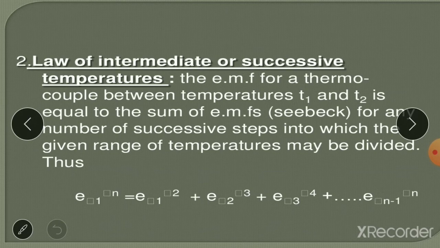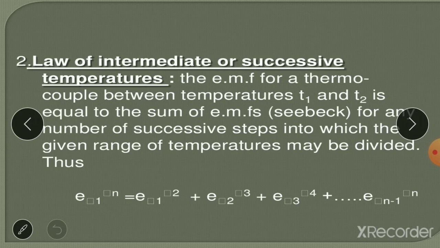So, what is the meaning of this statement? The EMF for a thermocouple between temperatures T1 and T2 means any two temperatures. The EMF between any two temperatures is equal to the algebraic sum of EMFs for a number of successive steps into which the given range of temperatures is divided.